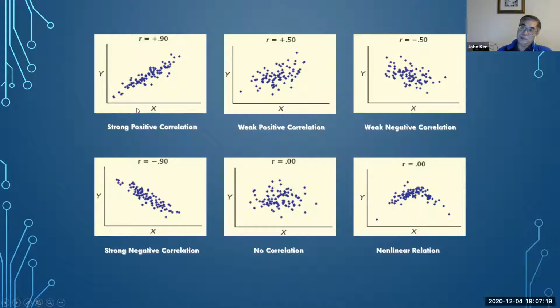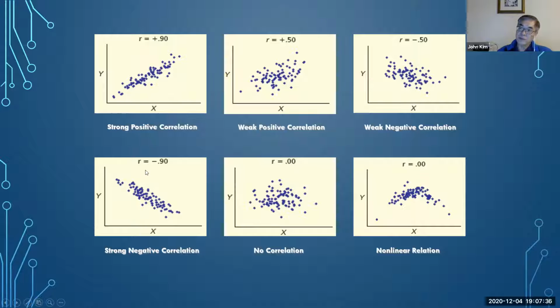If the R score is closer to +1, then the direction is positive: X increases, then Y increases.